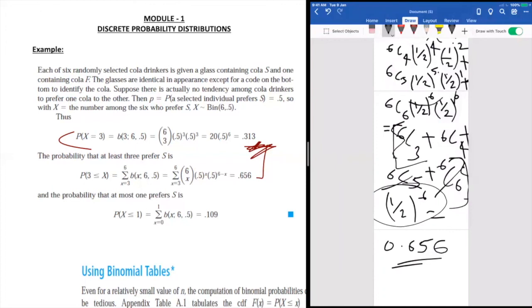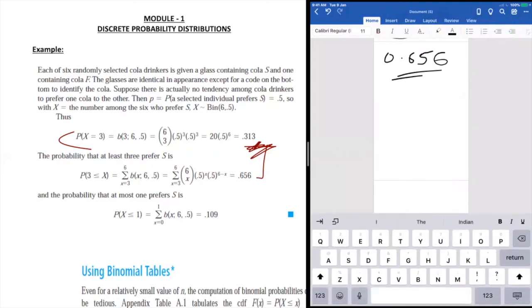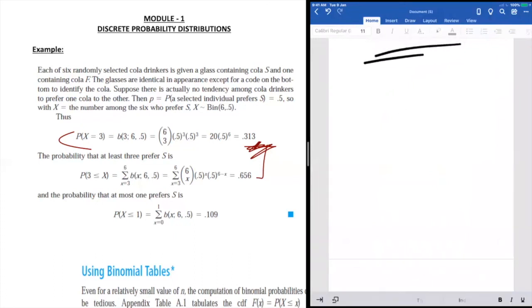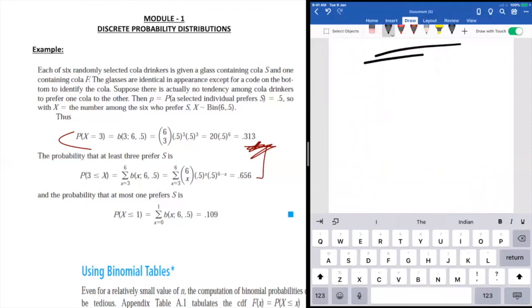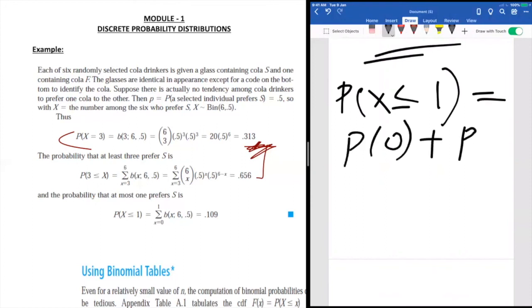Another one: find the probability of at most one preferring S. That is, the question is to find the probability of X less than or equal to 1, which equals the probability of 0 plus the probability of 1.